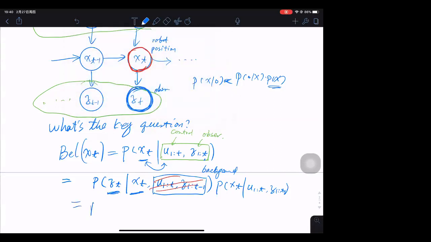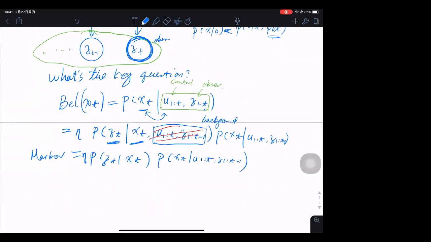So you have p of zt given xt. We make use of Markov. And then times p of xt given u1 to t and z1 to t minus 1. This should not be an equal sign, so we add a normalizer. Good.